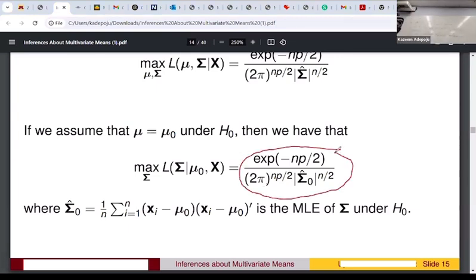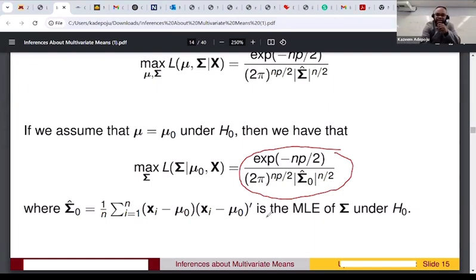For the H1, I'm just going to assume sigma, not sigma 0. Does that make sense? Because the alternative is going to say it is not mu naught. If I have a sigma subscript 0 for the covariance for H0, then the one I'm going to have for the alternative can be just sigma.